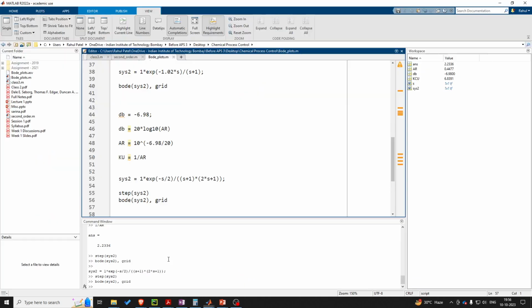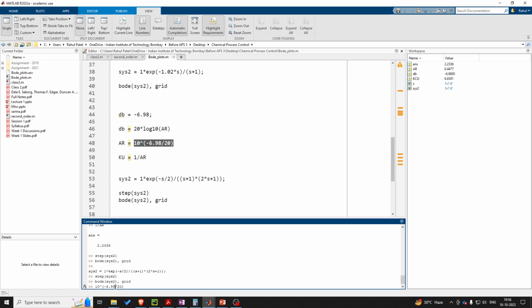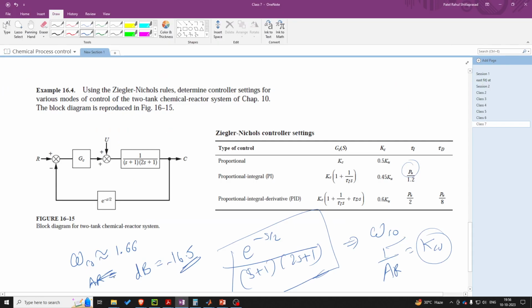So using this minus 16.5, you can find the amplitude ratio as 0.1496.